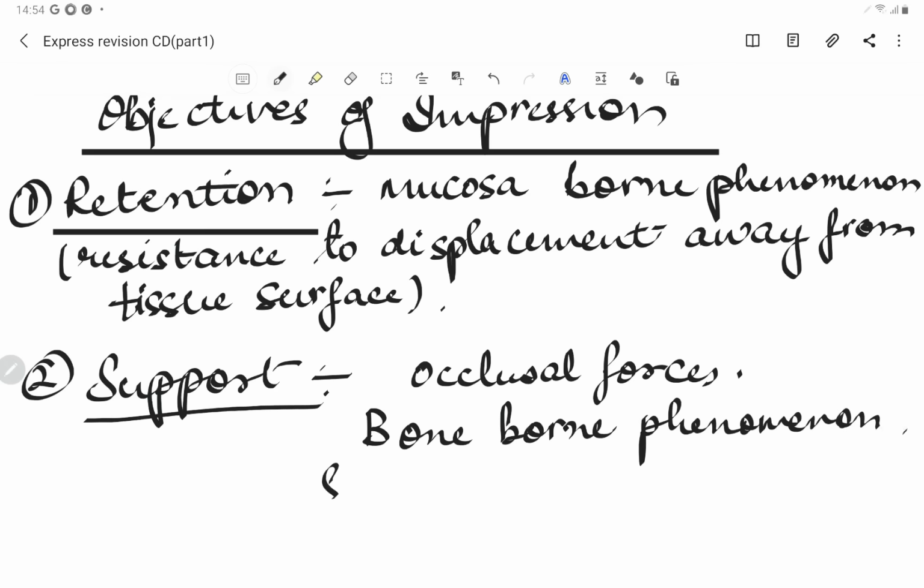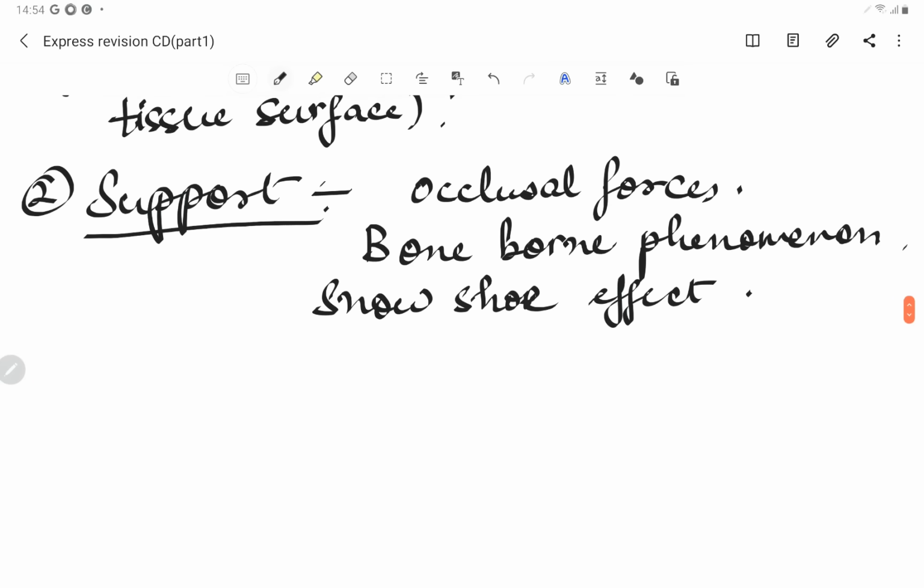Or we can say snowshoe effect. That means more the surface area, less is the load, right? How we walk in the snow, large surface area, right? So that gives us support.